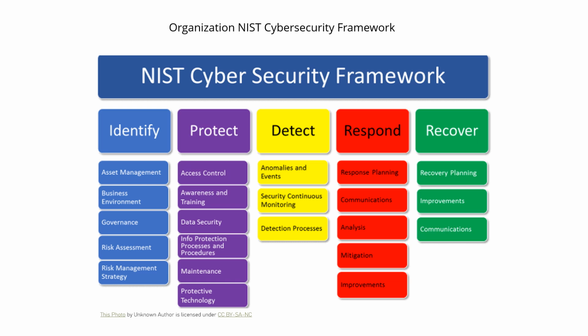ASB utilizes NIST's implementation tiers to assess its cybersecurity maturity, aligning security efforts with business objectives and risk tolerance. By developing customized profiles, ASB ensures its security policies address industry-specific threats, compliance obligations, and operational resilience.